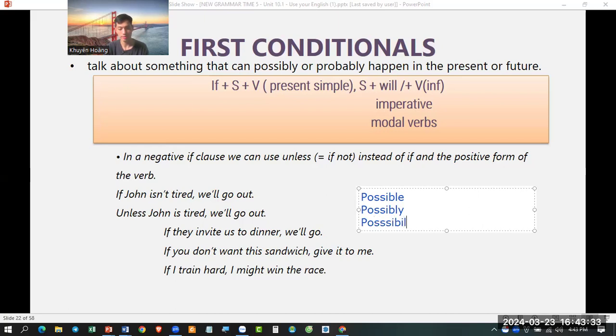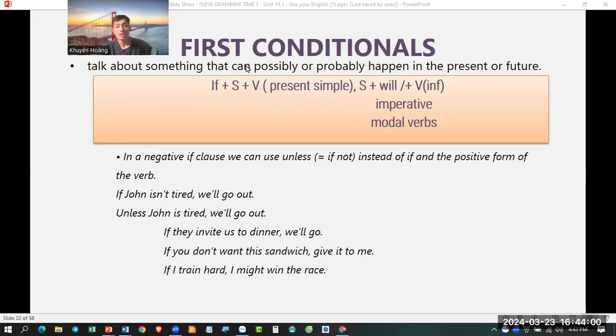The ending -ity is the ending of nouns. Probability is the noun, and probably is the adverb. Many other words follow the same pattern.